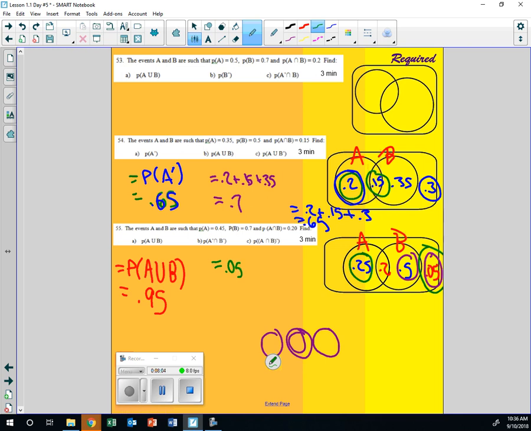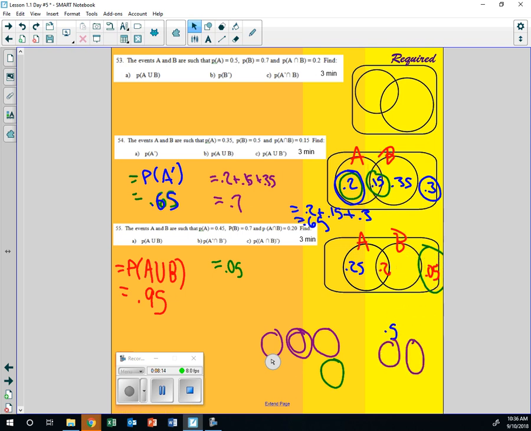Now let's do C, the very last one. All right. Probability of A intersect B, but then it's the complement of that. Well, let's figure out what A intersect B is going to be. Isn't this A intersect B in the middle here?